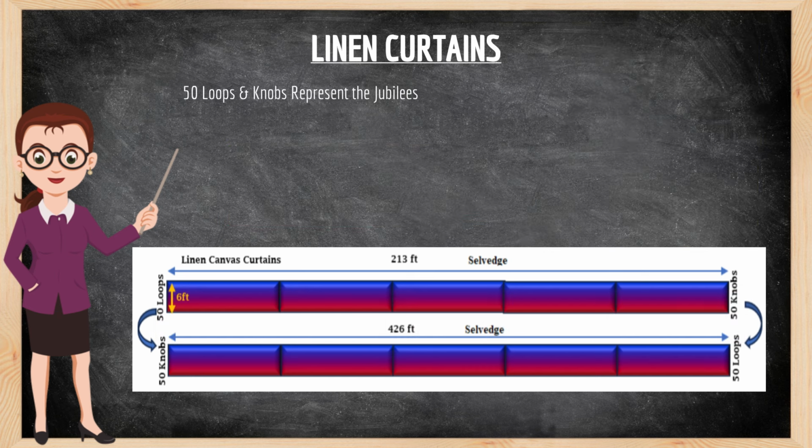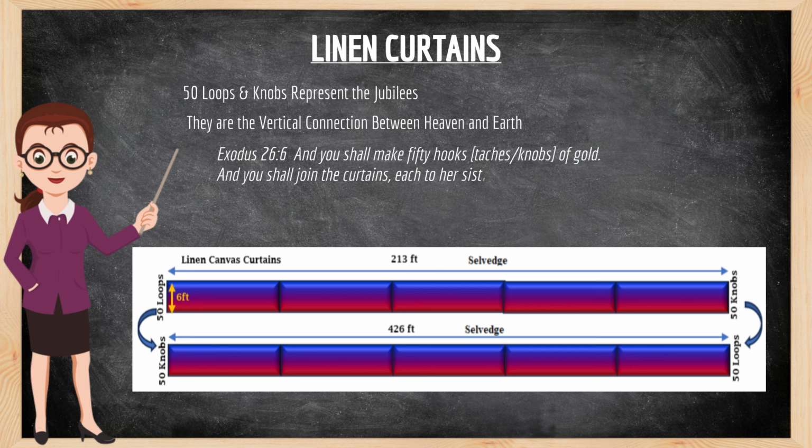Loops and knobs represent the very important time of release, the 50th year of the Jubilee. The loops and knobs are the vertical connection between heaven and earth. Working down from the top, or the salvage side, the loops and knobs come together to make the tabernacle.